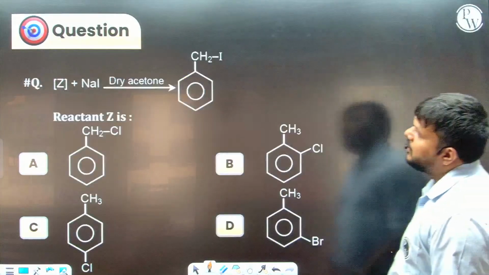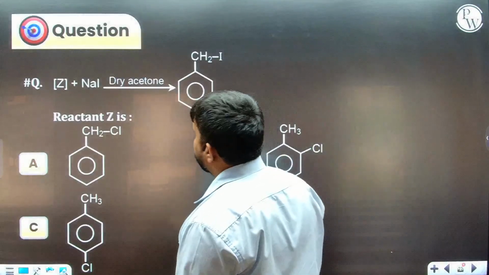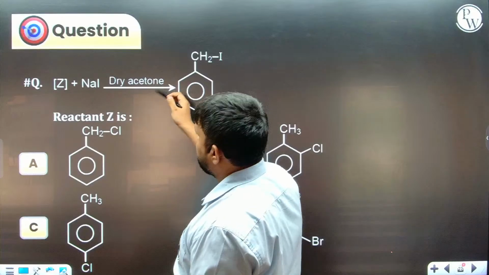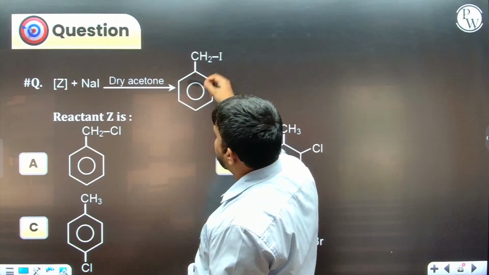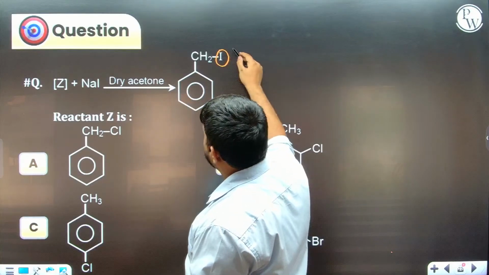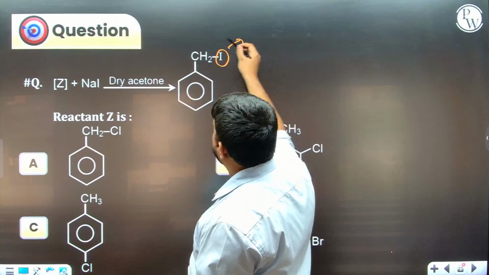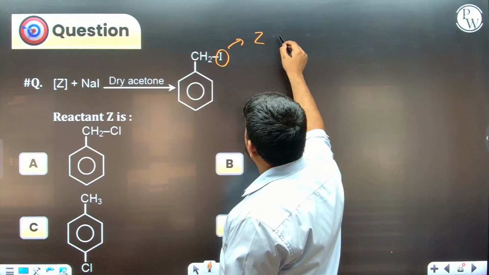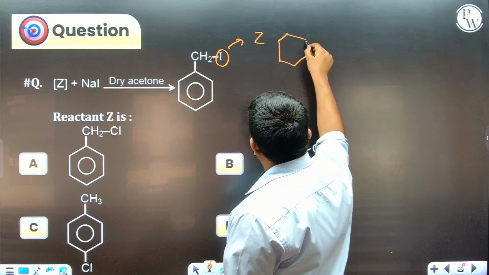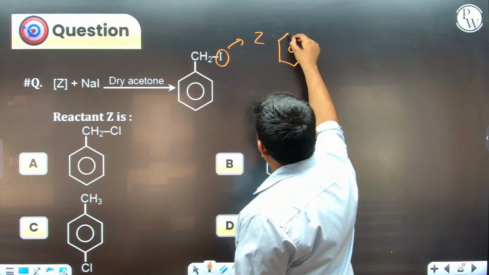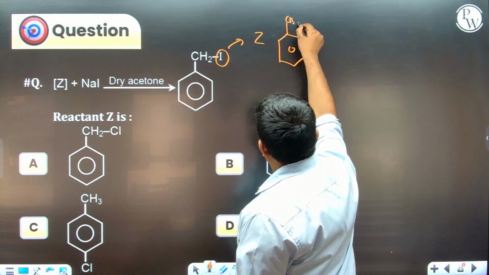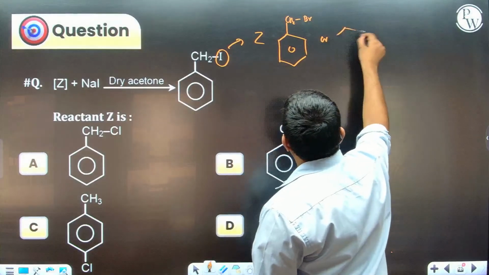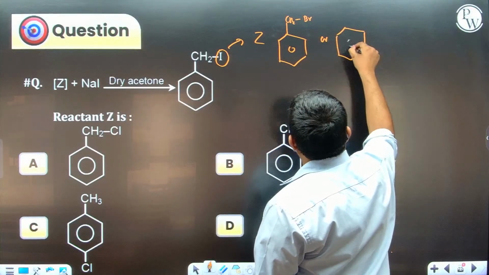Next question. Z plus NaI reacted in presence of dry acetone and you are getting this as the product. So definitely in place of iodine, in this Z we will be having either chlorine or bromine. We will be having CH2, either bromine or chlorine.